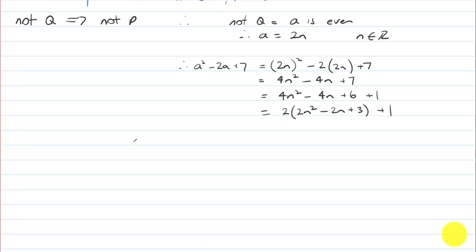And if I let b equal 2n squared minus 2n plus 3, then I get that this is equal to 2b plus 1, which is odd.